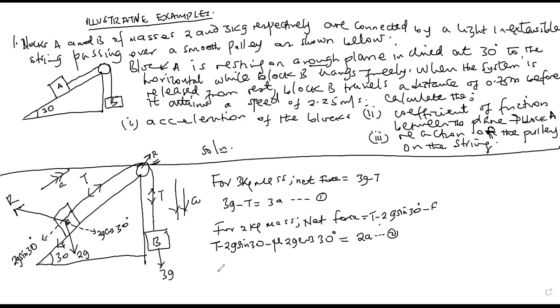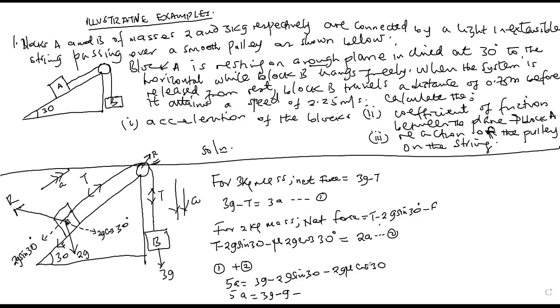So when we add equations 1 and 2, the T's are going to cancel, so we shall have 5a after adding equal to 3g minus 2g sin 30 minus 2g mu cos 30. 5a is equal to 3g minus... sin 30 is a half, which will cancel with the 2, so we shall remain with minus g.